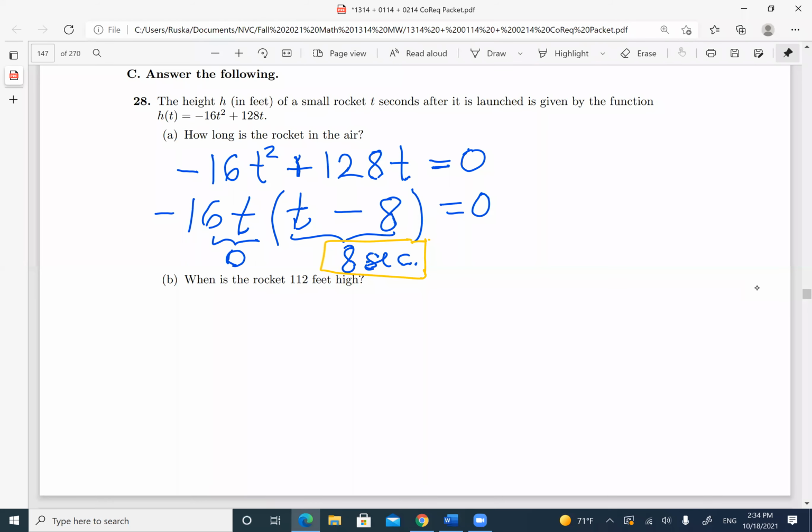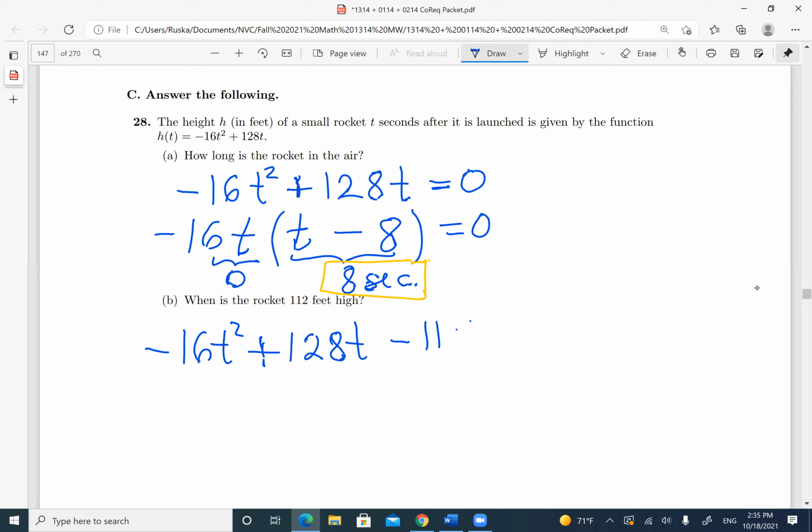So I'm going to solve -16t squared plus 128t equals 112, or subtract 112 equals 0.